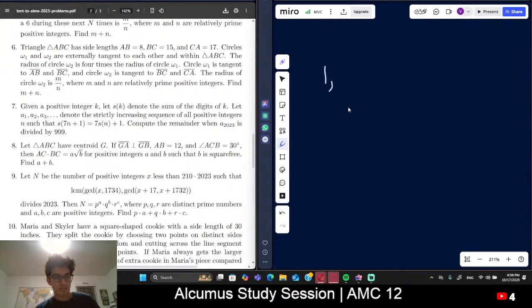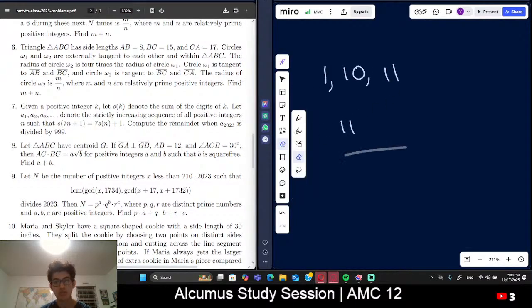And so if 1 works, what about some of 1's neighbors? 10 would work. 11, I don't think 11 would work, but it might. 7 times 11 is going to give you 77. 77 plus 1 is 78, which is 15. And over here, you would just have 7 times 2 plus 1, which is 15. So 11 also works.